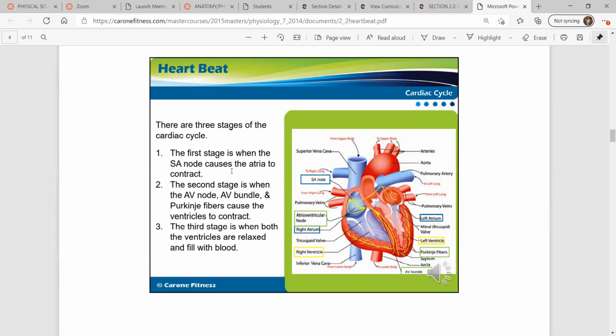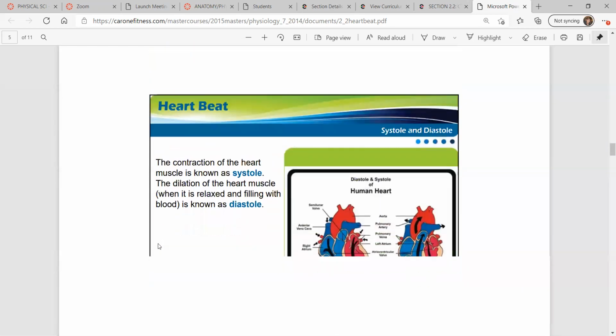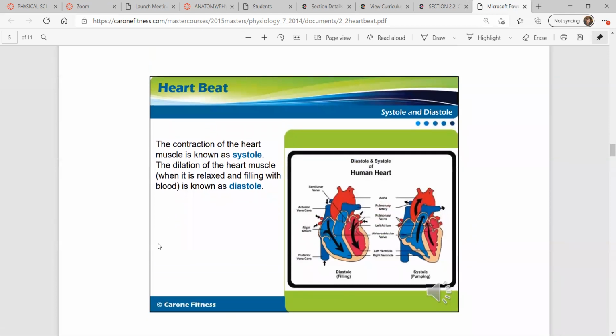So first, the atria are contracting, then the ventricles are contracting, and then the third stage is when both the ventricles are relaxed and fill with blood. The contraction of the heart muscle is known as systole. The dilation of the heart muscle, otherwise known as when it relaxes and fills with blood, is known as diastole.